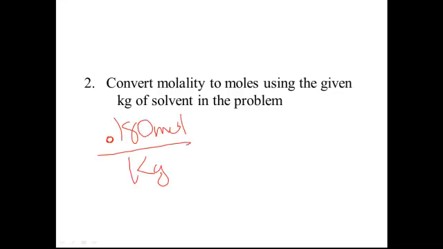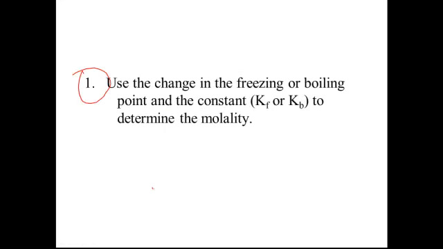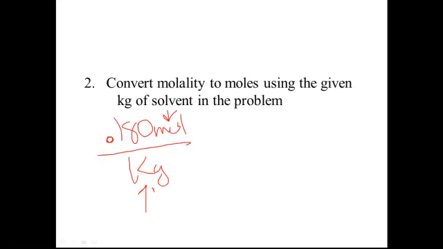Again, this is the moles of the solute, and this is the kilograms of the solvent. The solute, remember, is the stuff that gets dissolved. The solvent a lot of times is water, but it can be anything that dissolves the solute. So let's go back here, because our next step is telling us we have to get rid of these kilograms of solvent on the bottom.